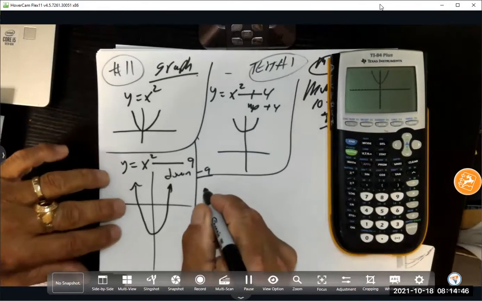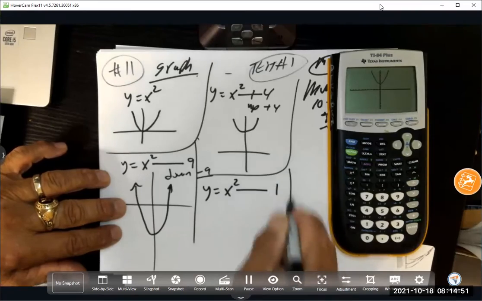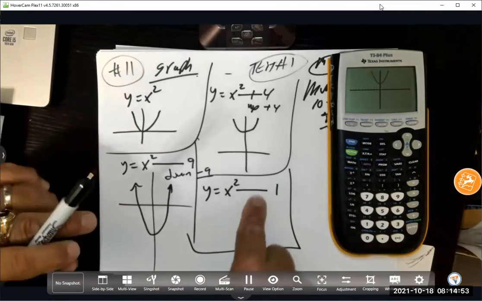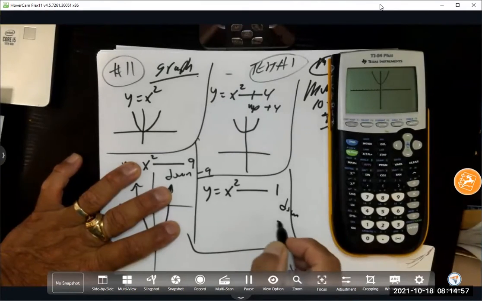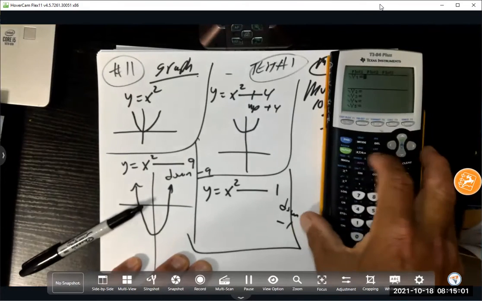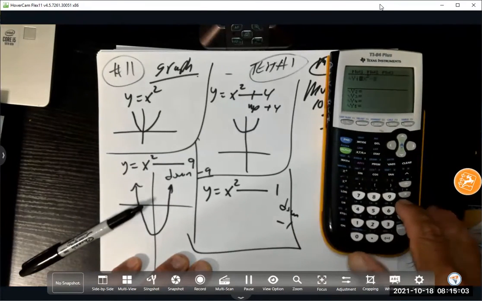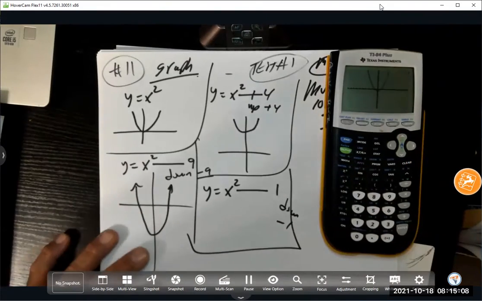All right. If I just do this one, y equals x squared minus 1, just a little bit down, right? It's going to go down just a little bit. It's going to go down 1. So let's put it in here. Clear. You're going to put x squared minus 1 and graph. It's just underneath it.